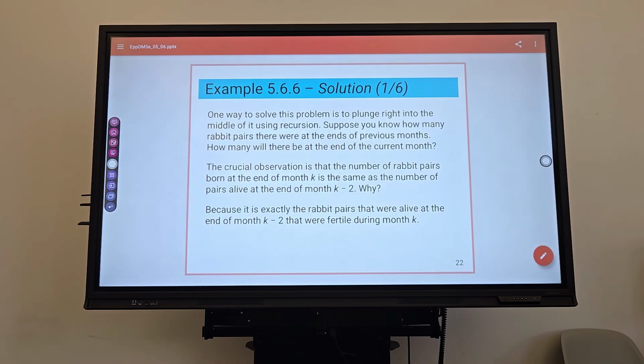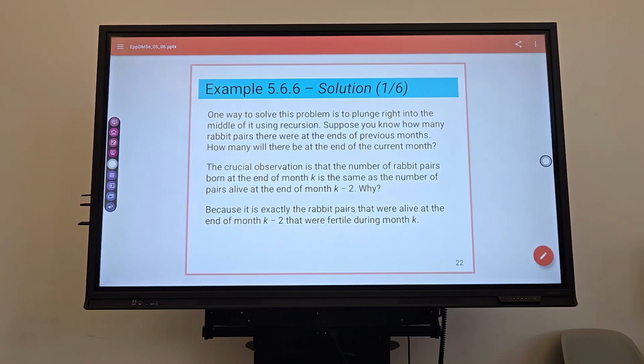Well, one way to solve this problem is to plunge right into the middle of it using recursion. Suppose you know how many rabbit pairs there were at the ends of the previous months. How many will there be at the end of the current month? The crucial observation is that the number of rabbit pairs born at the end of month k is the same as the number of pairs alive at the end of month k minus 2.